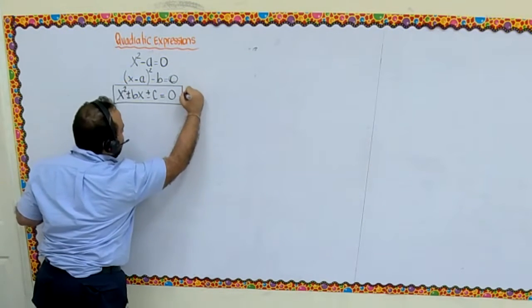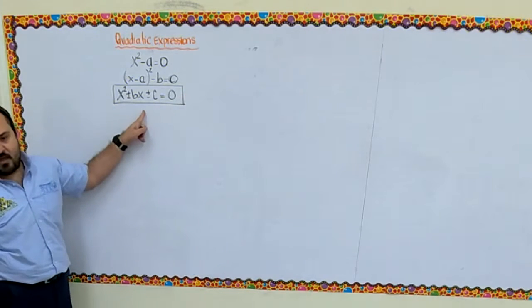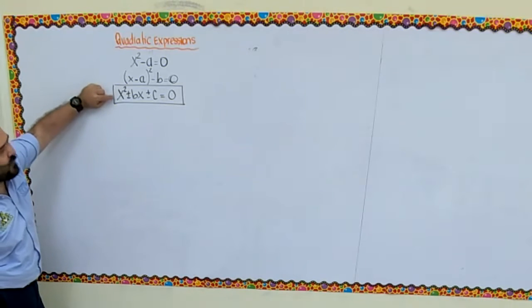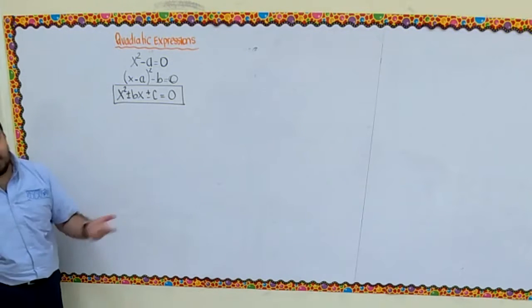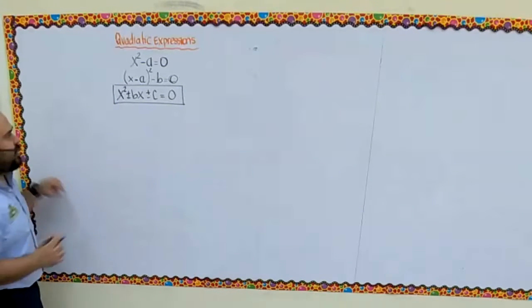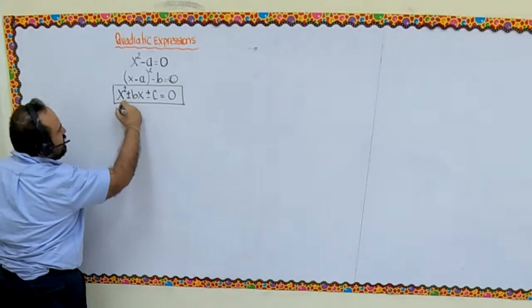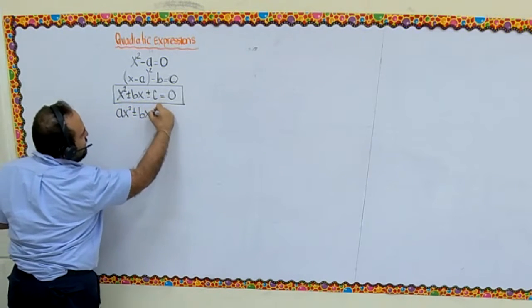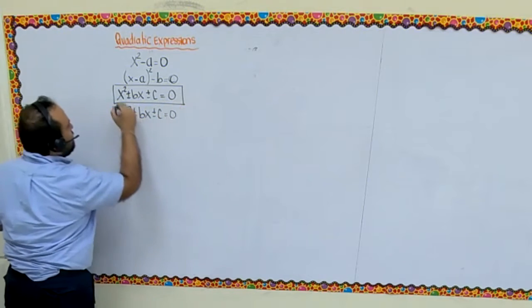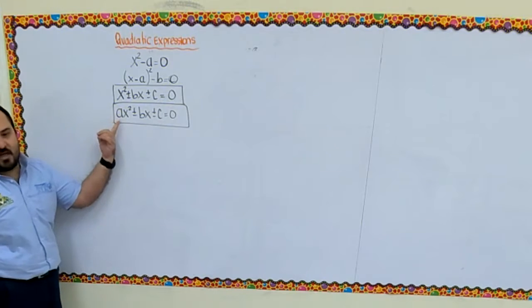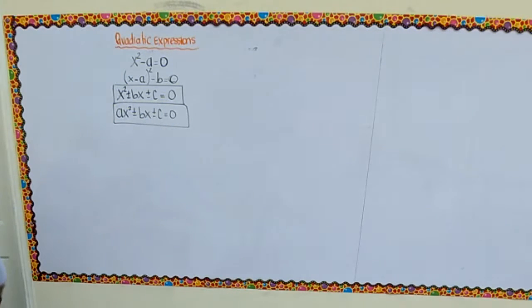You're going to find the trinomial in this form, where the leading coefficient, I mean the number next to the x squared variable, is 1. And probably we're going to have to solve the quadratic equation in this form: a x squared, positive or negative bx, positive or negative c equals 0, when the letter a represents a number totally different than 0.